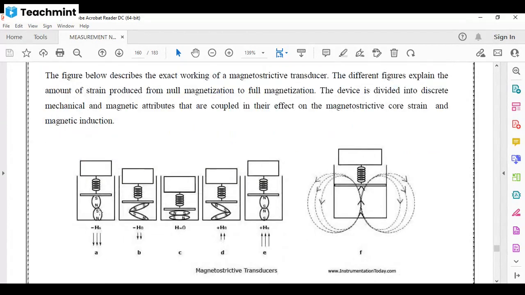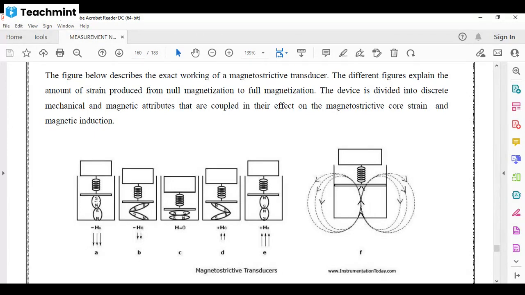At one condition there will be a null magnetization, and then the full magnetization. Here you see Sn, and here B is changing, showing the change in magnetization due to the strain.